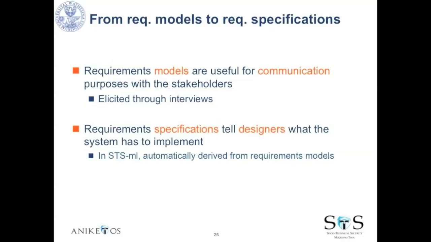Because requirements models are useful to communicate with stakeholders. Given that they are visual, graphical models, it helps communicate with them whether we have captured what they need, all the information that they want to express, and all the security needs they want to express over their interactions. And that's why, basically, this is information you have in the case study or a security analyst would elicit through interviews.